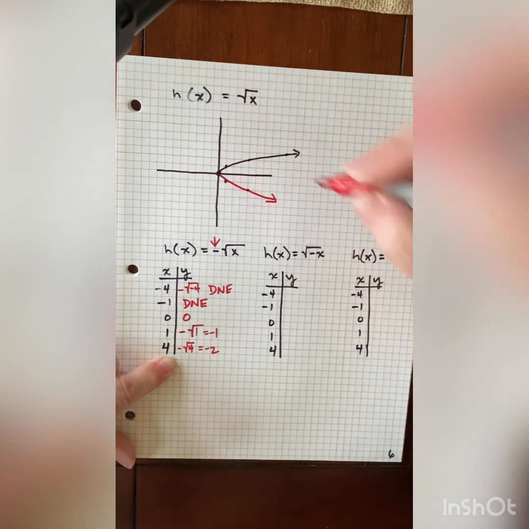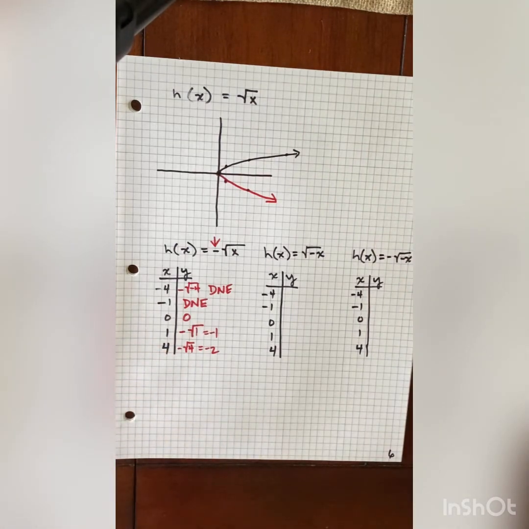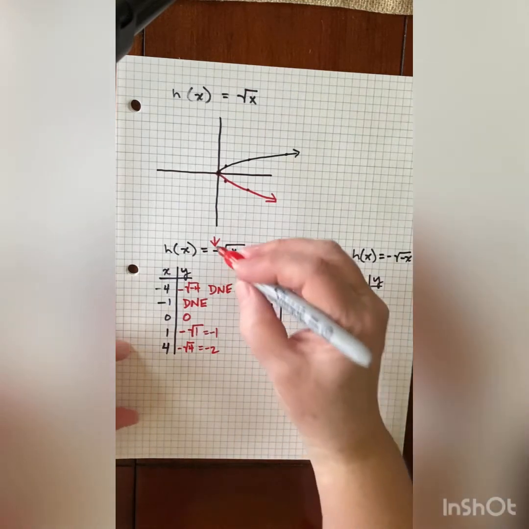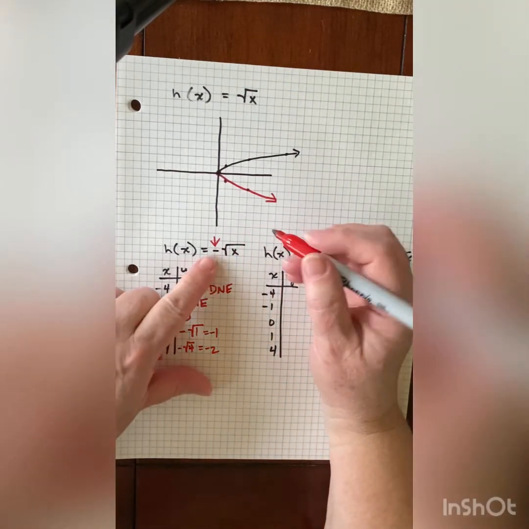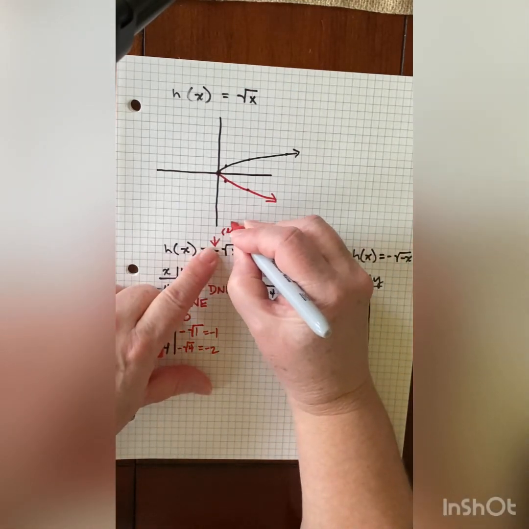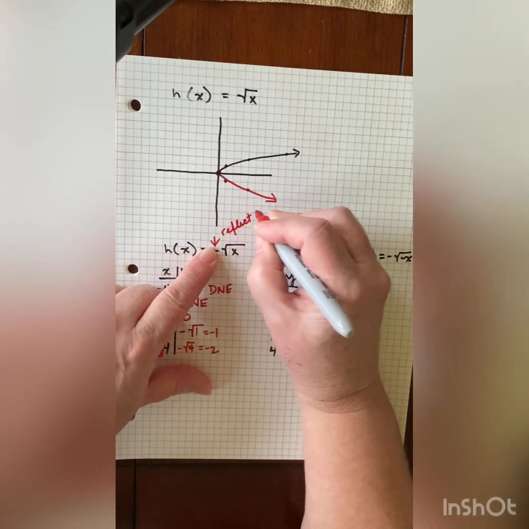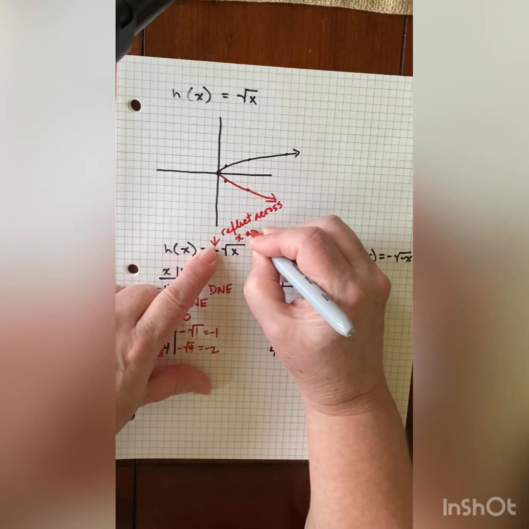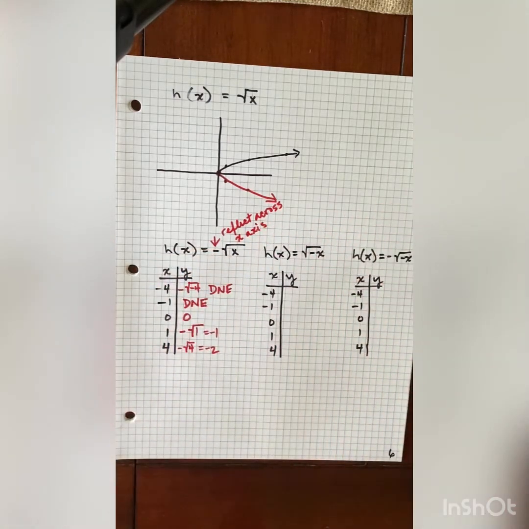So it goes like that. That's what we thought it would do, right? It just flips it across the x-axis. Actually, it's a reflection across the x-axis. All right, so that does that.